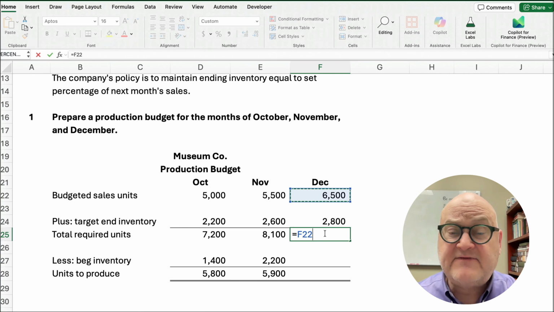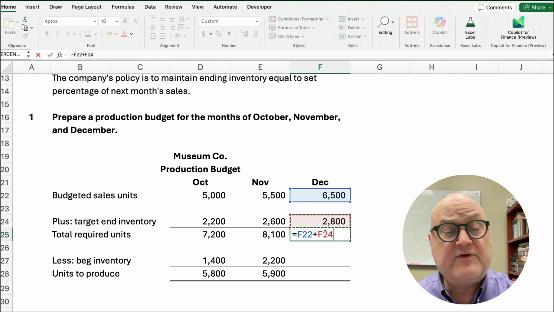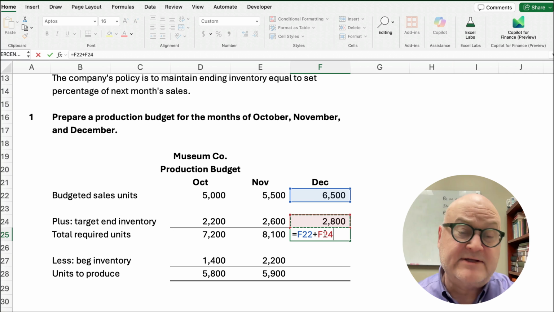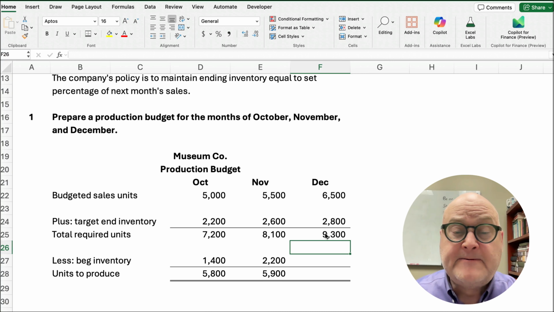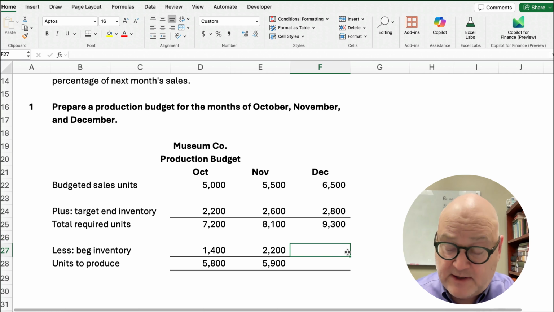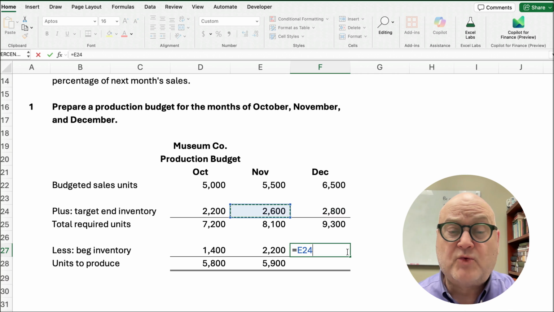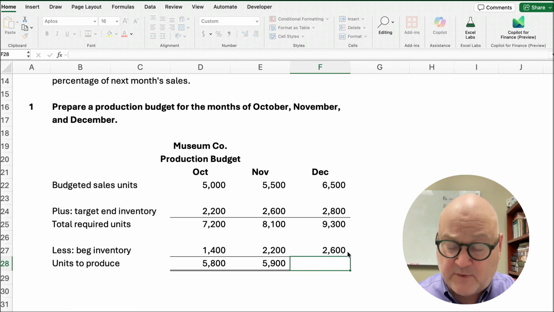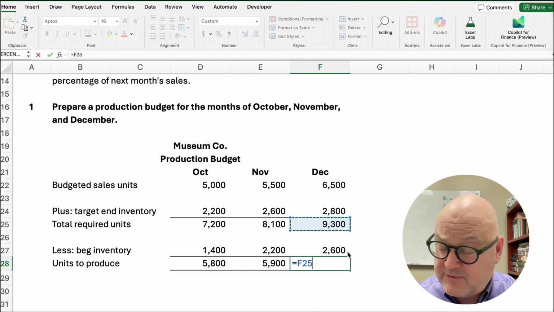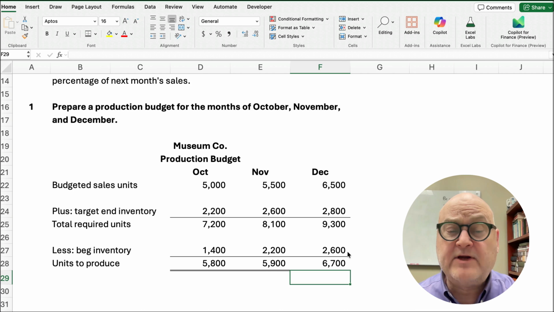So we need the 6,500 sales for December, plus we've got to build inventory where we have 2,800 for January next year. So we need 9,300. We already have 2,600 available. So we need to produce 9,300 minus the 2,600. We need to produce 6,700.